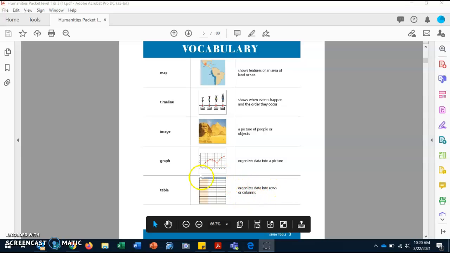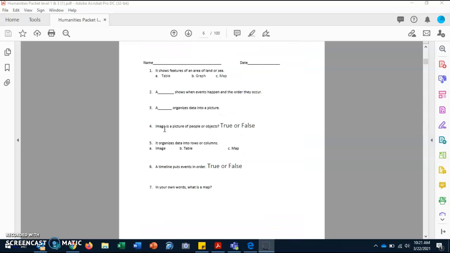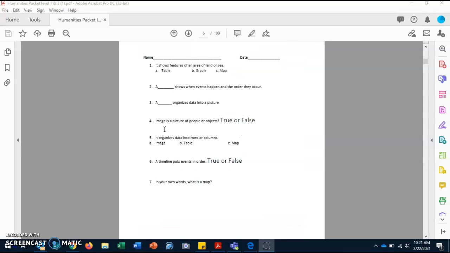So we might see this in math or in history, sometimes even in science. It's just columns and rows, and it's how people organize many things, and it is called a table. So now that we have gone over this vocabulary, we are going to answer some questions.